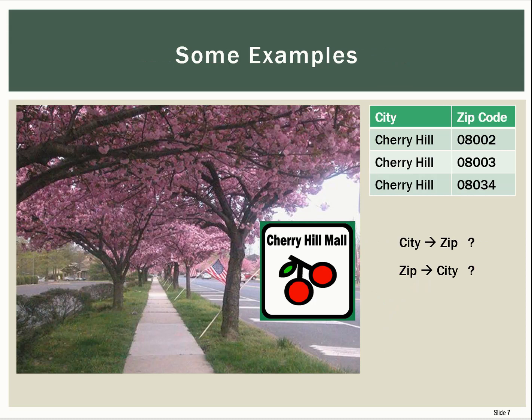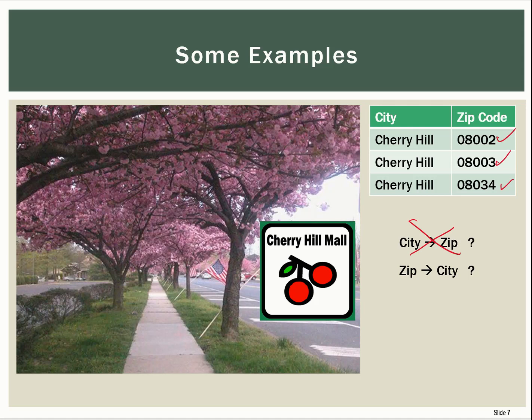And the answer to this is, of course, no, because when I have a value of a city, I do not know definitively what the zip code is. It could be 08002, it could be 08003, it could be 08034. So if I know the city, I do not necessarily know the zip code because there's three choices. So there is no functional dependency here.